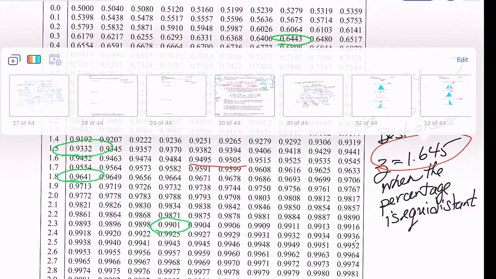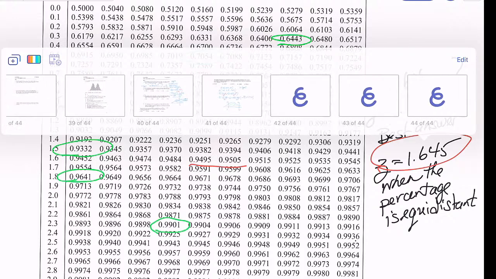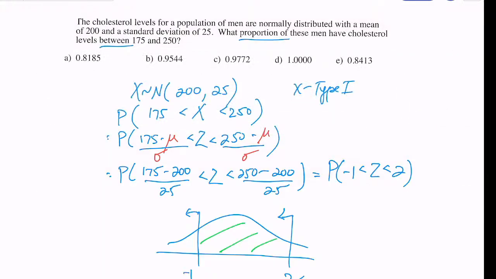But the notes printed is very helpful because they're in front of you. So this one was 0.1587. This one was 0.9772. And now I take the larger one minus the smaller one. And I get the answer.